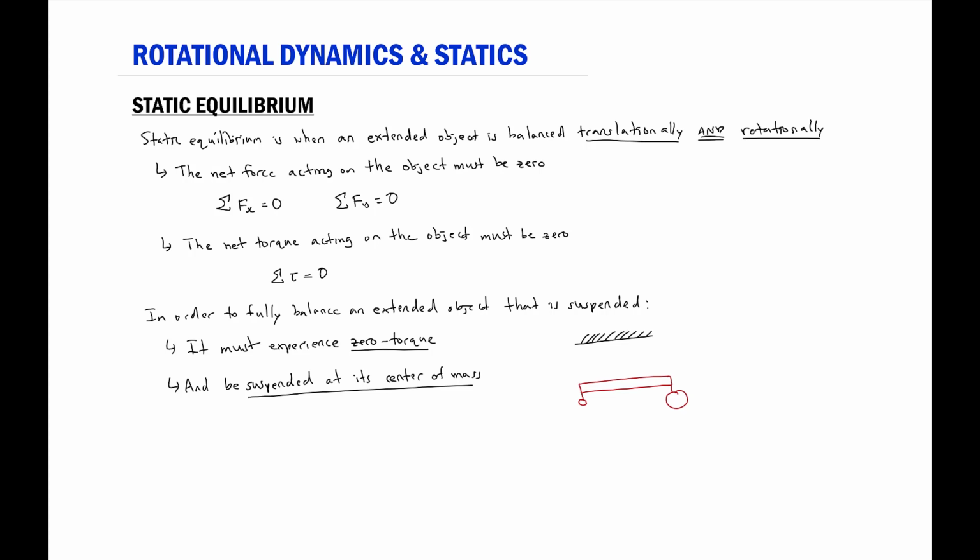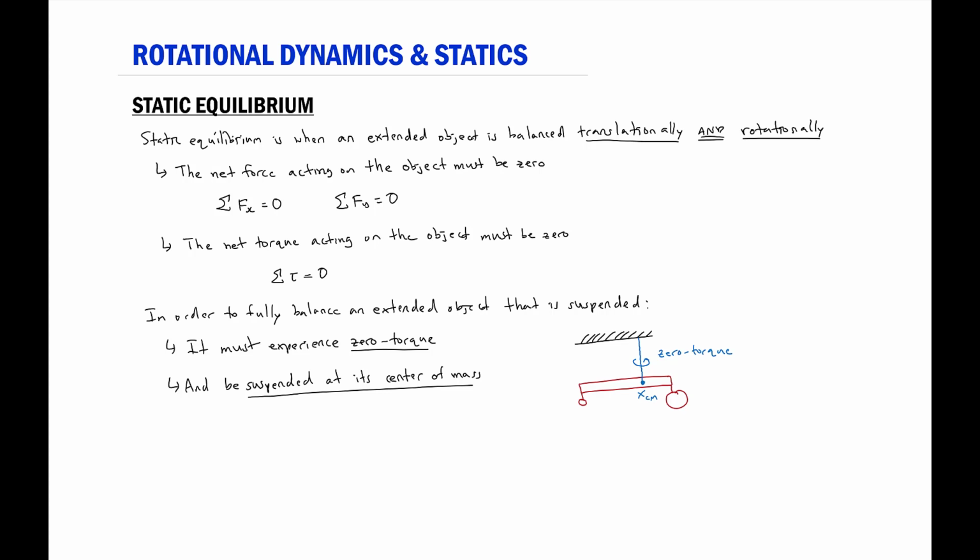You're going to have to find the center of mass of this object, which might be over here. We'll call this XCM for the center of mass. And that is where you would suspend your rod so that a zero torque is experienced by the system so it does not rotate.